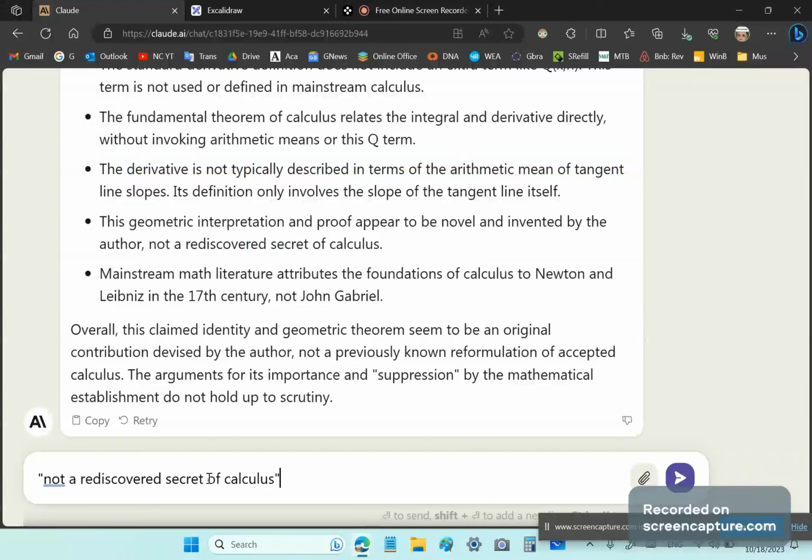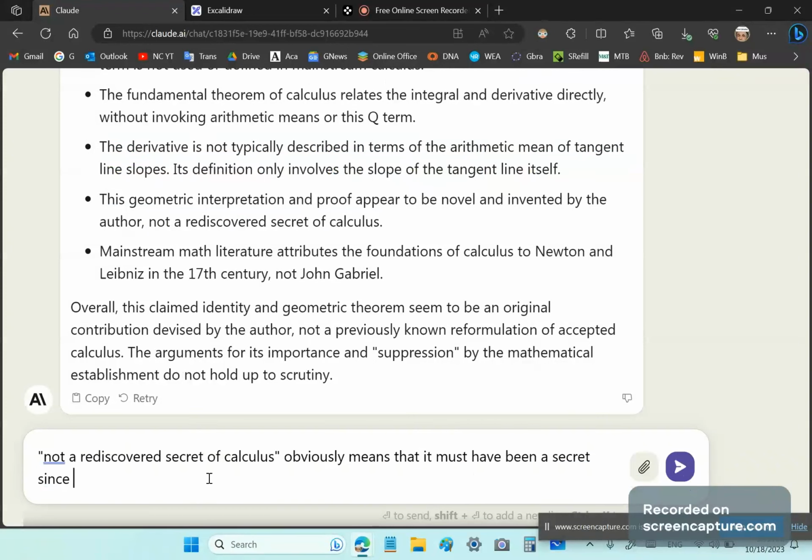It obviously means that it must have been a secret since no one knew about it before John Gabriel. Let's see what it says.